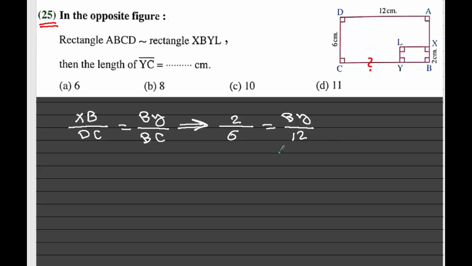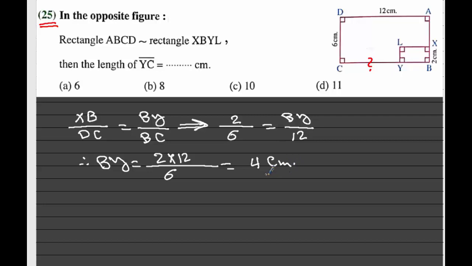It's a rectangle, right? So BY equals 2 multiply 12 over 6. 2 multiply 12, it is 24 over 6 equals 4 centimeters.